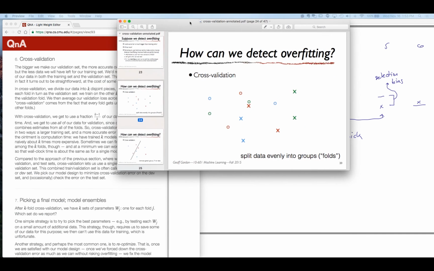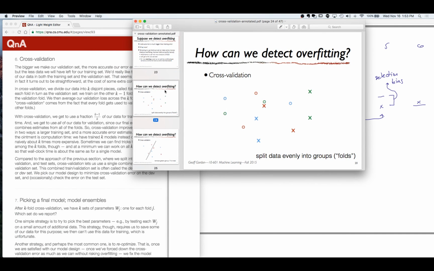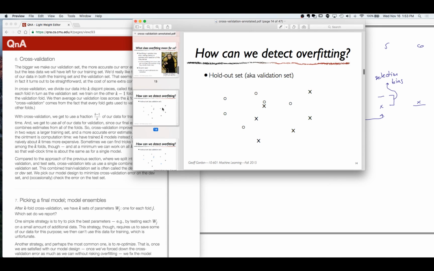Let's actually go a little bit farther back. So this is just going to be an animation about validation rather than cross-validation. So here is our training set. This is a classification problem, so all of our y's are either 0 or 1.